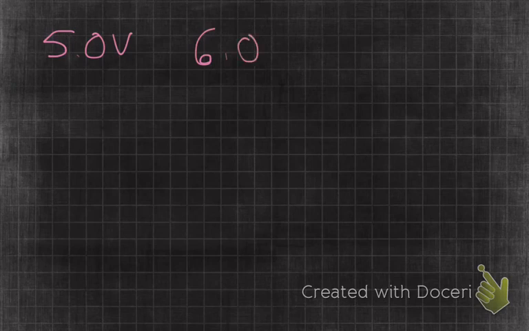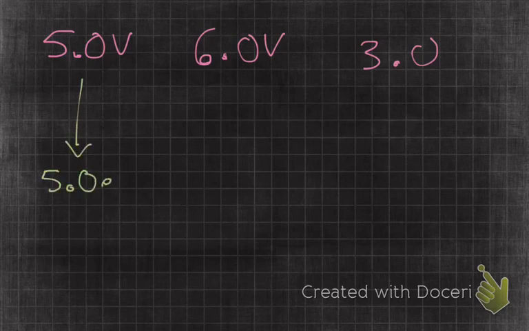So the question is, well, how about a 5 volt battery, or a 6-volt battery, or a 3-volt battery? It's actually pretty simple. A 5-volt battery, therefore, will do 5.0 electron volts of work on a single charge passing by.